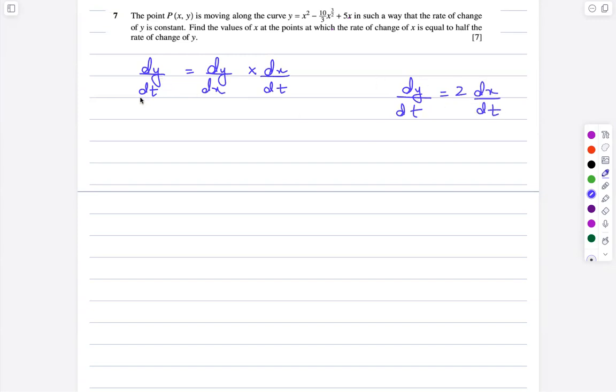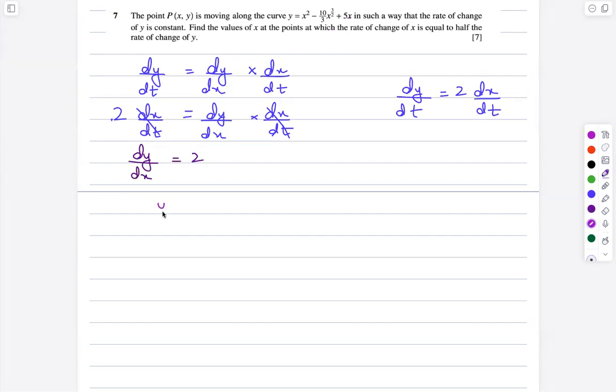In place of dy/dt, we can write 2 dx/dt = dy/dx multiplied by dx/dt. Now dx/dt will cancel out, so dy/dx will be equal to 2. So now we can find an expression for dy/dx and put it equal to 2.